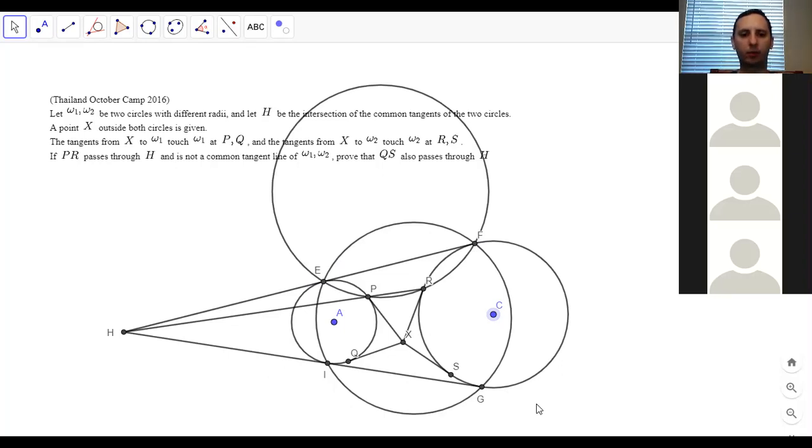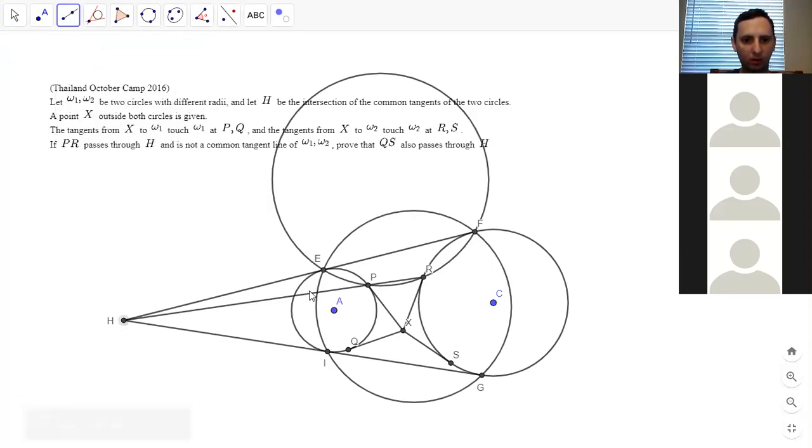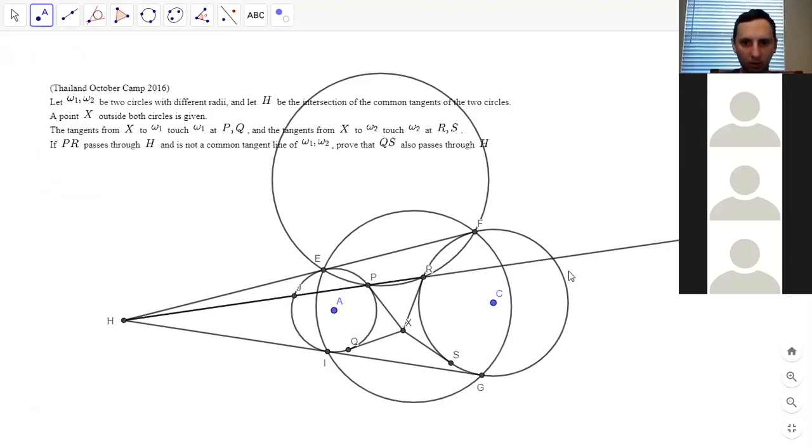Okay, that's just like a well-known property. Okay, no, actually, if you let HPR, the line, cut the circles A and C at two other points, then the homothety from H will make A become C, right?